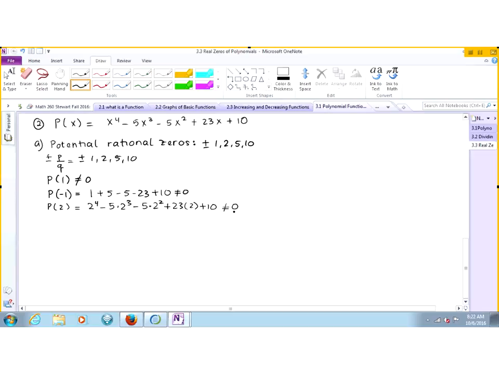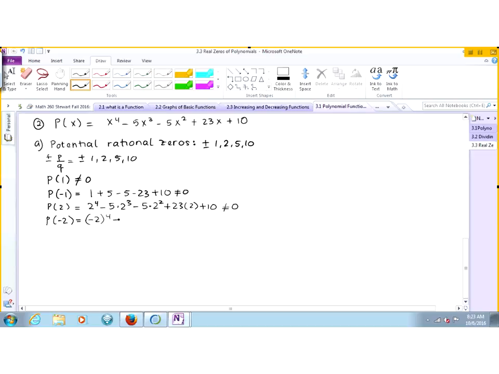Okay. I mean, you guys have to calculate. How about P of negative 2? Would it work? Okay, I'm going to wait for you, because you're supposed to calculate these, not me. Is P of negative 2 equal to 0?